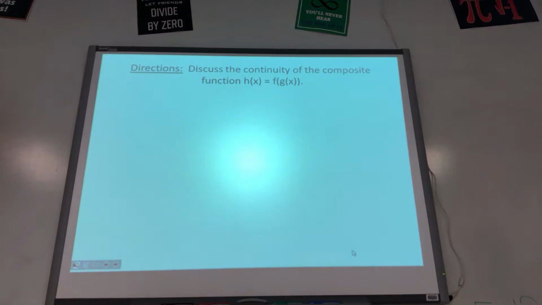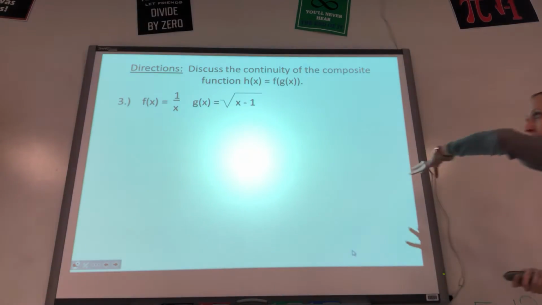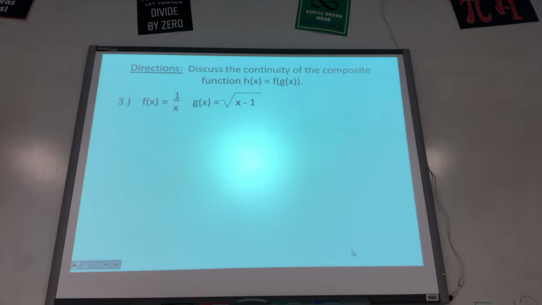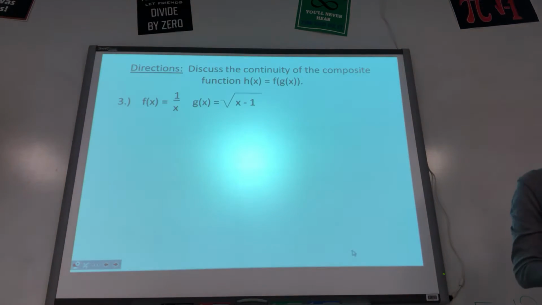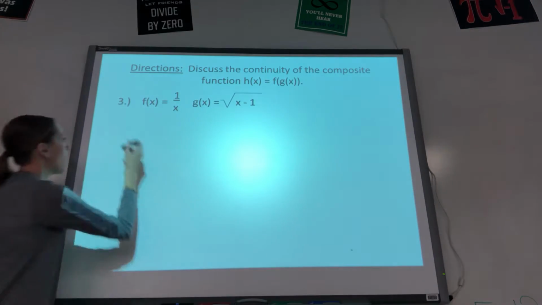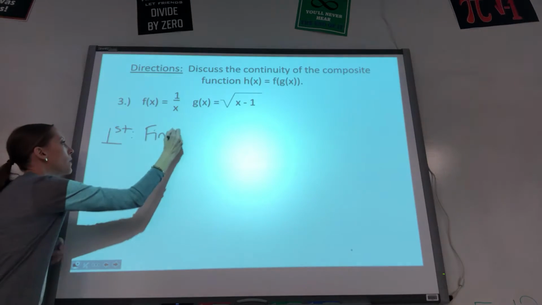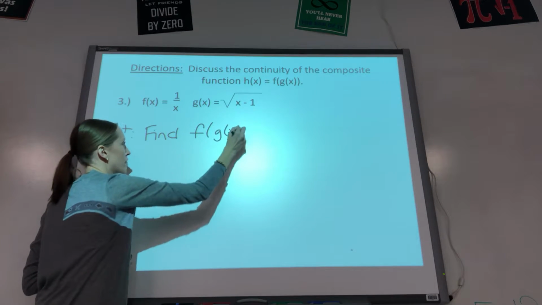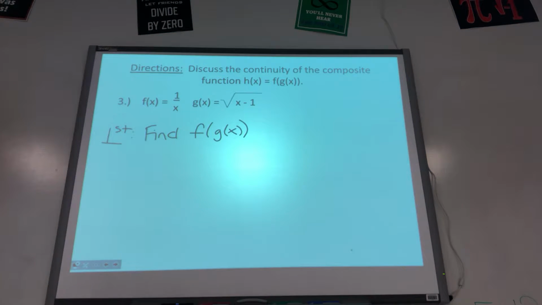So basically what we're going to have to do first is they're going to give us f of x and g of x, but before we talk about continuity, we need to figure out what f of g of x is first. So I'm going to label this as a step. First thing you need to do is find f of g of x. They're labeling it h of x, so you can do that too if you want.